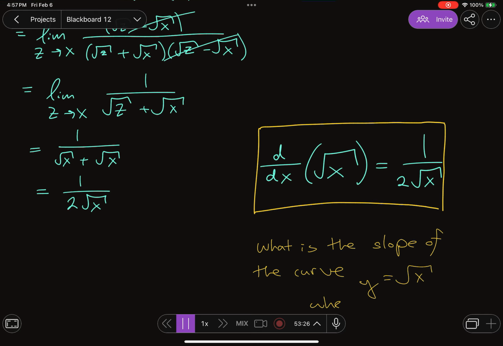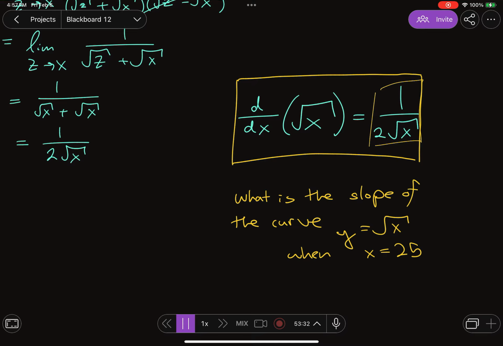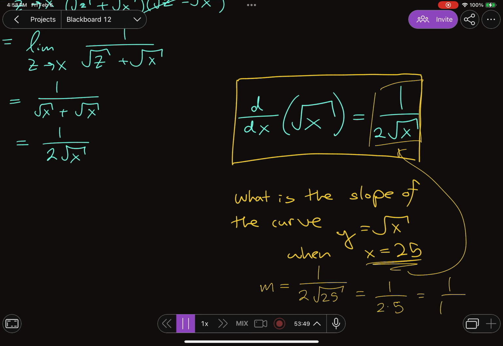This tool tells us exactly what the answer is. We know the slope is equal to 1 over 2 root 25. You just grab that x value, plug it into your slope machine. This is the same thing as 1 over 2 times 5, which is the same thing as 1/10. All right, so now I know this machine tells us the slope of the original curve. Here's the original curve, looks something like this.